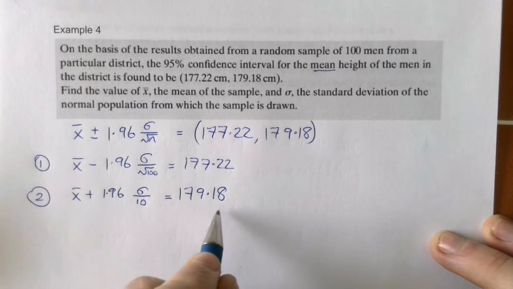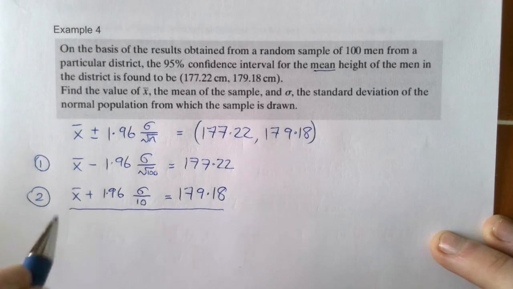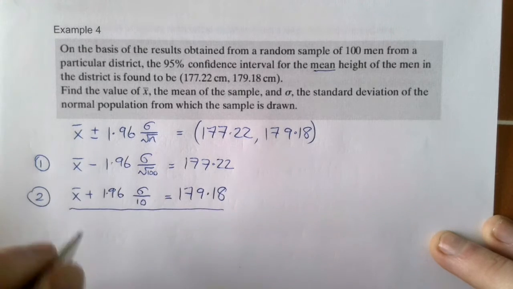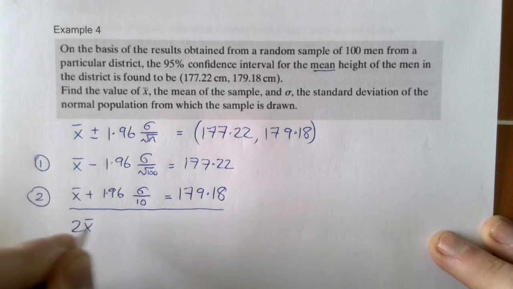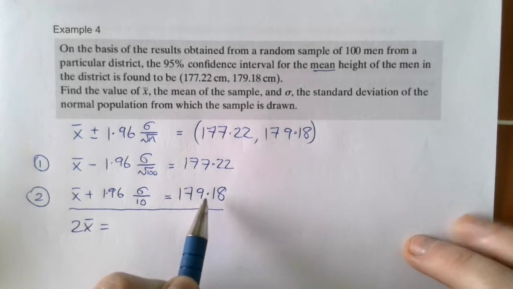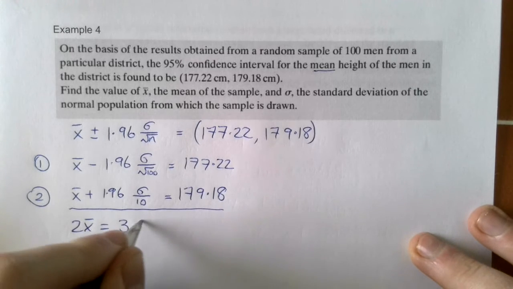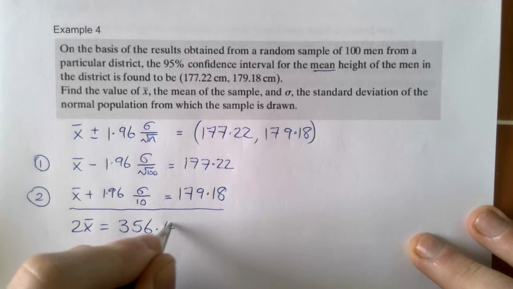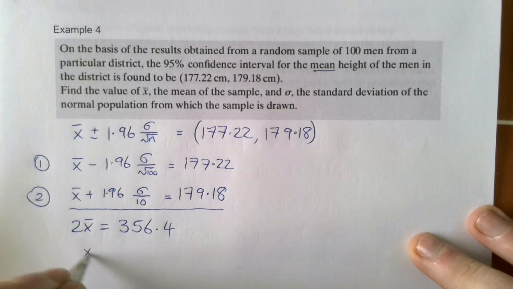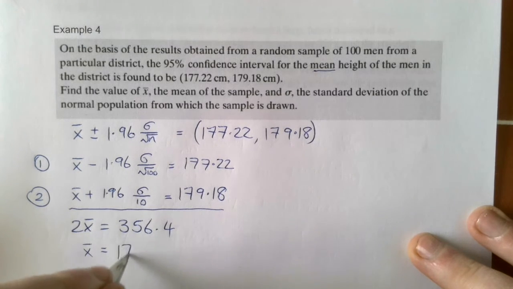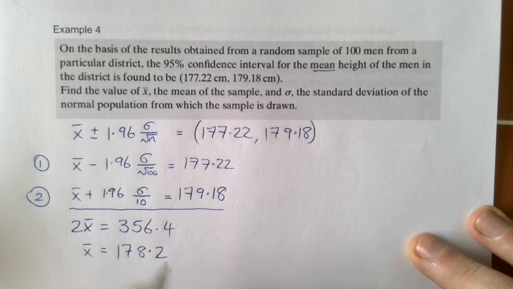If we added these two lines together, you can see all of this is the same. They're going to cancel each other out, so we're left with 2 of this plus these two together, which we get as 356.4. And then if we divide both sides by 2, we will get the mean is equal to 178.2.